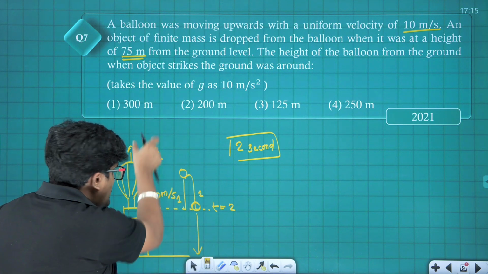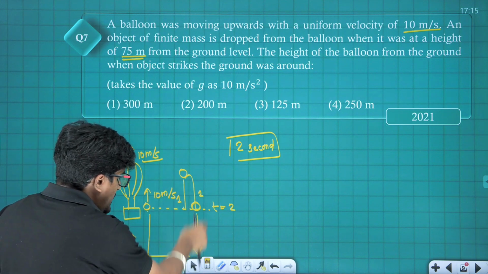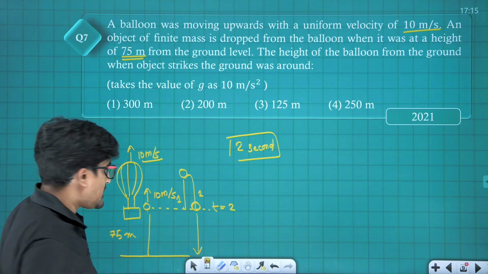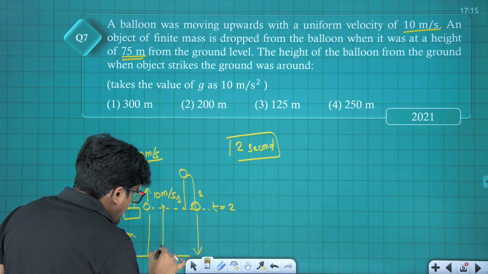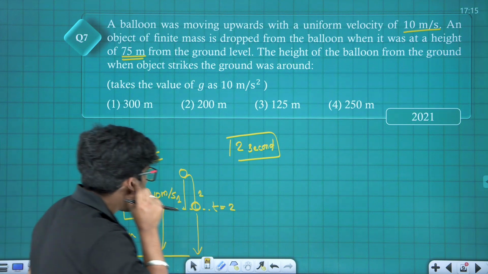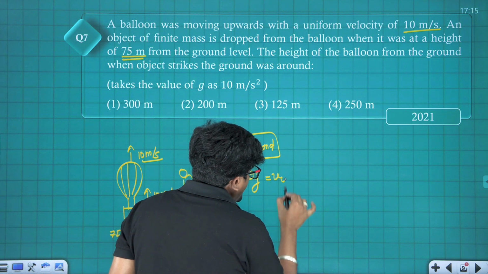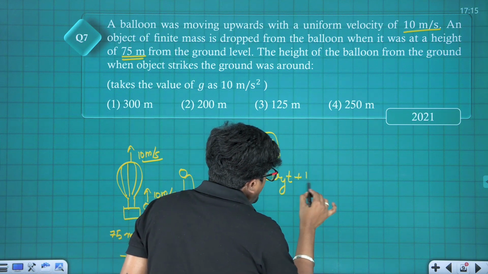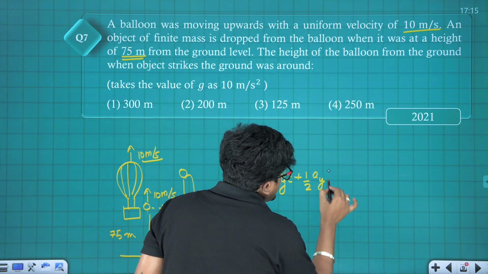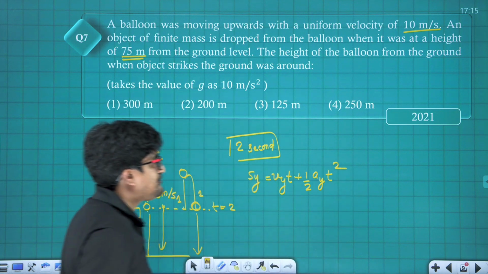Now if this body was moving up with a speed of 10 meter per second, here it's coming down with a speed of 10 meter per second. And from here I am going to have a displacement in the downward direction. So I can go for the relation: displacement along y-axis is equal to initial velocity along y-axis into time taken plus half of acceleration along y-axis into time taken square.